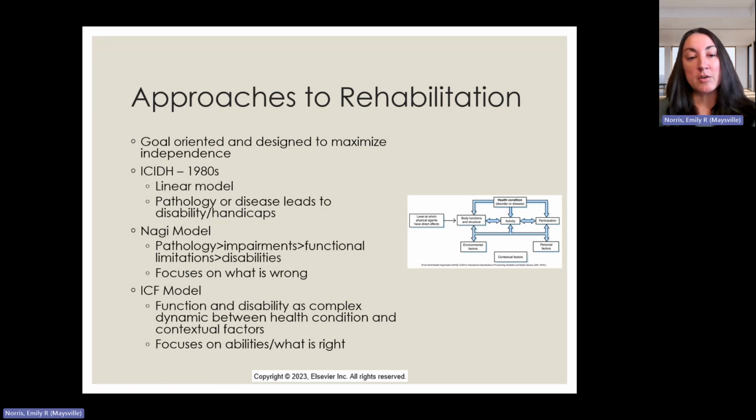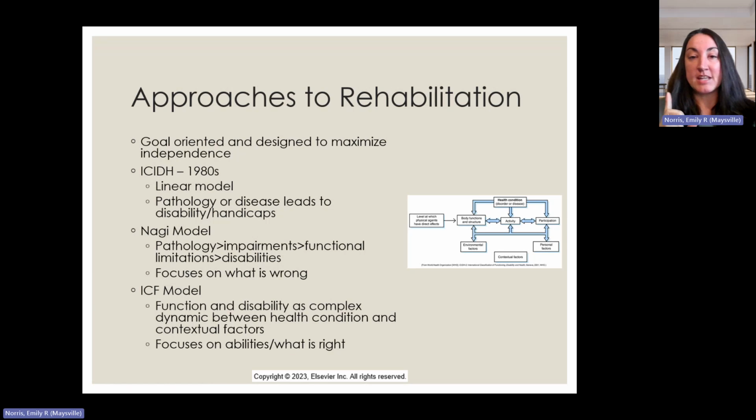After that, the Nagi model was used, that also looks at a more all-encompassing way of looking at a patient. And so they looked at pathology, impairments, functional limitations, and disabilities, but the focus was more so on what was wrong versus on the whole person and how to help. So what we currently use most often in the clinic is the ICF model.